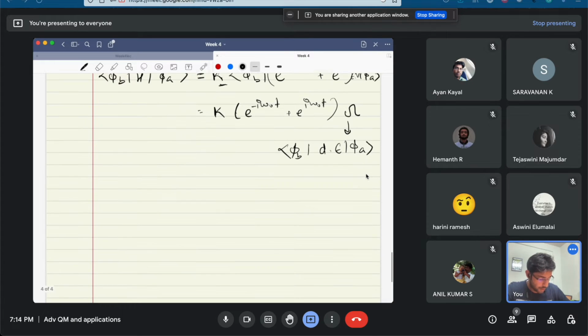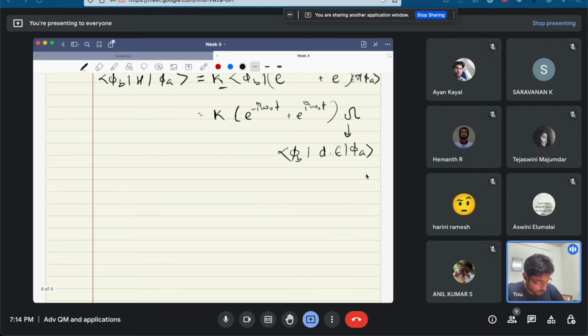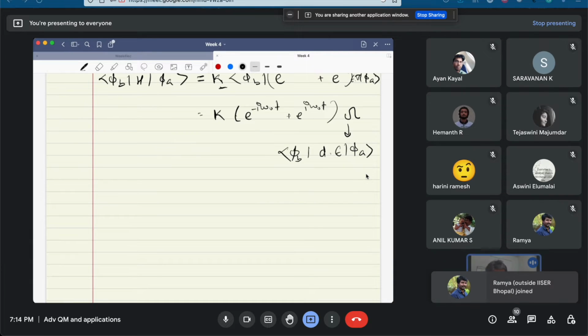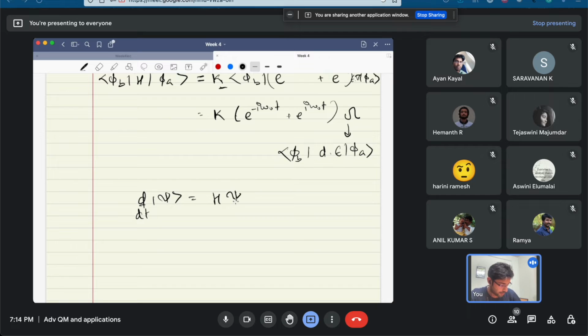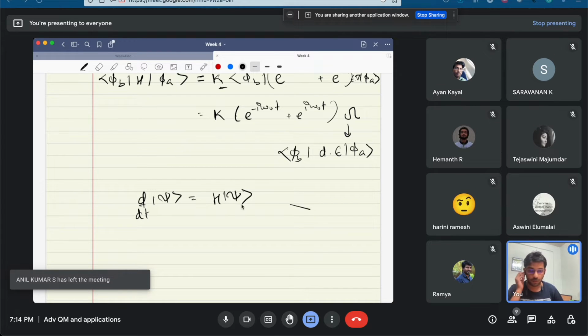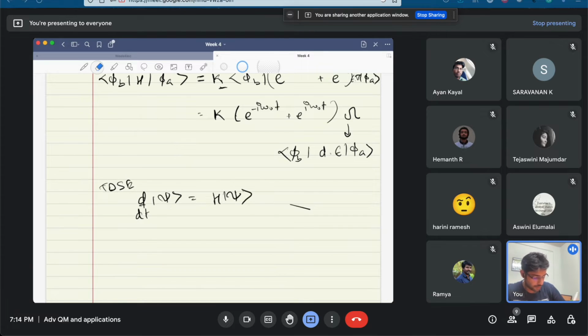Now usually, how do we get these time dependent coefficients? From the Schrodinger equation, you do H of psi. This is what you call the time dependent Schrodinger equation that you are already very familiar with.